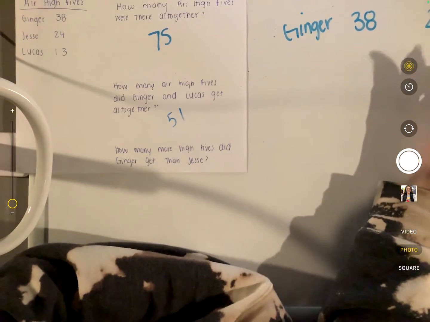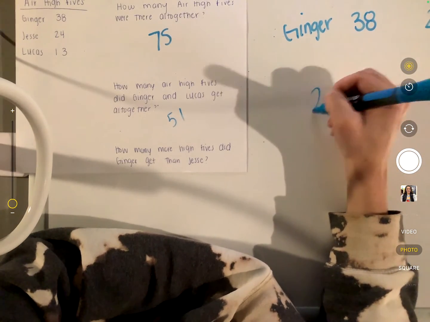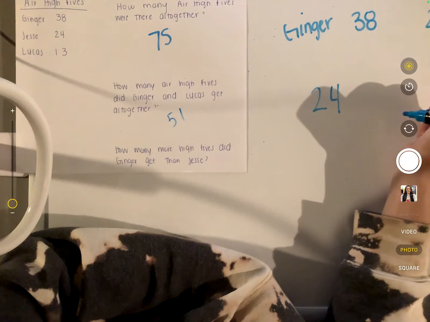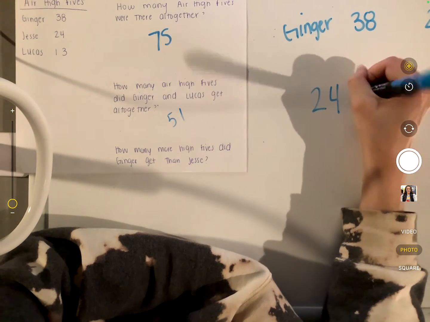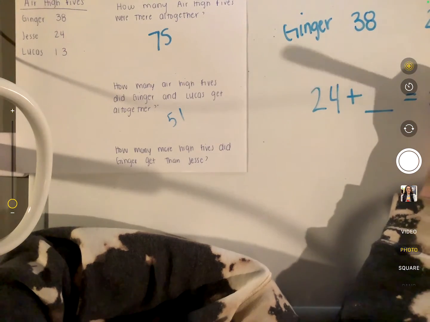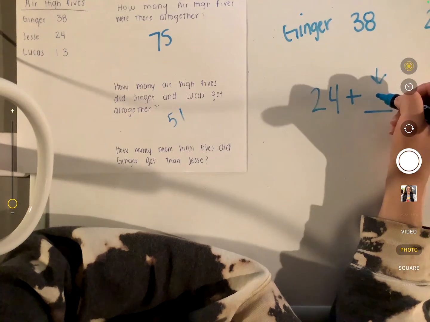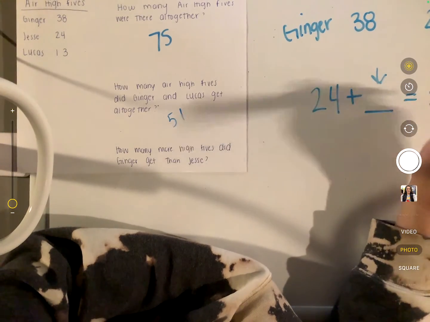All right, so we need to figure out, Jesse had 24, and then how many more high fives does he need to get to have the same amount as Ginger's? Because this will also tell us how many more high fives Ginger had than him.